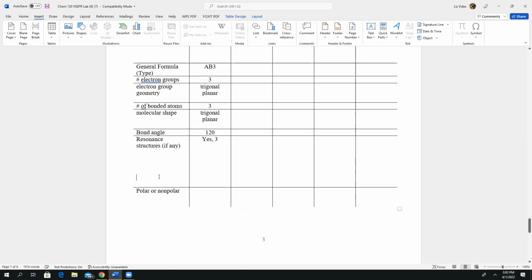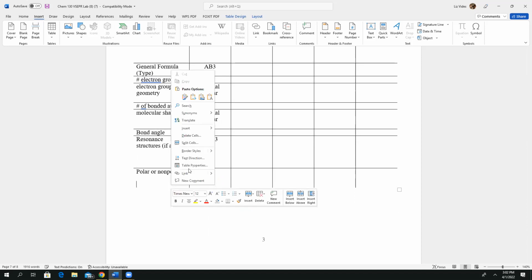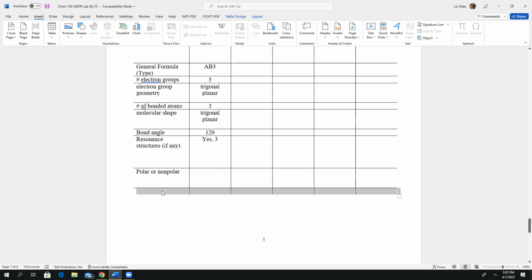I'm also inserting one last row and calling it IMF, right? Okay, so in this case, it is non-polar. Once again, we have London dispersion forces, and we have an ion dipole because it is a charged molecule.